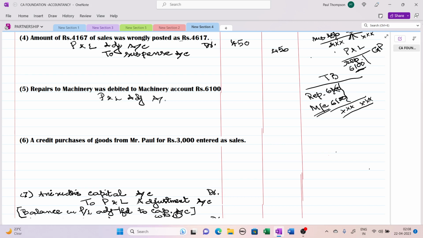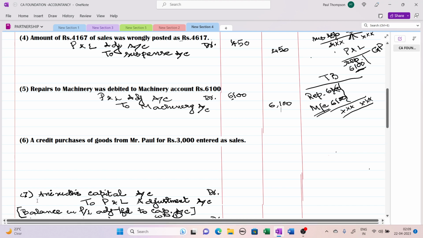PL adjustment account debit 6,100 and credit to machinery account. You have to write the narration as repair to machinery wrongly debited to machinery account now being rectified. This is an error of principle. Error of principle will not affect the trial balance.